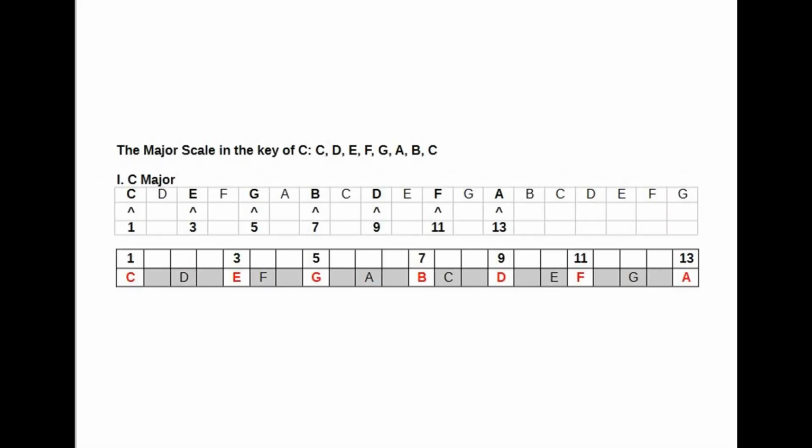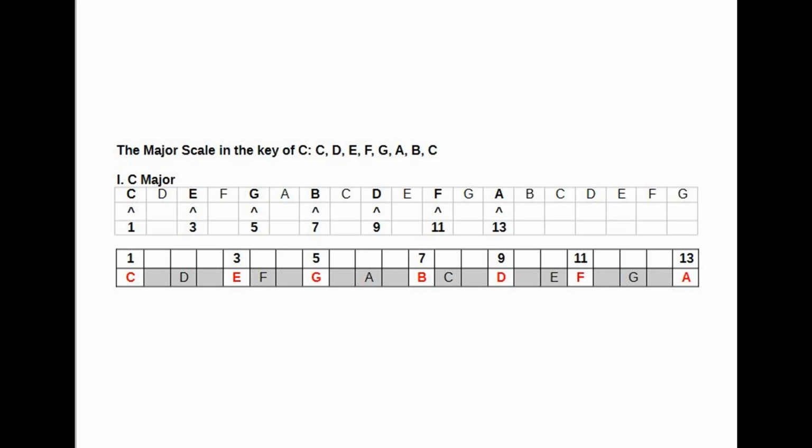So you see the extended major scale in front of us, and we're going to do a C major chord, starting at the C, which is the 1. And you can see we're going to take every second note. C is the 1, E is the 3, G is the 5, B is the 7, D is the 9, F is the 11, A is the 13.